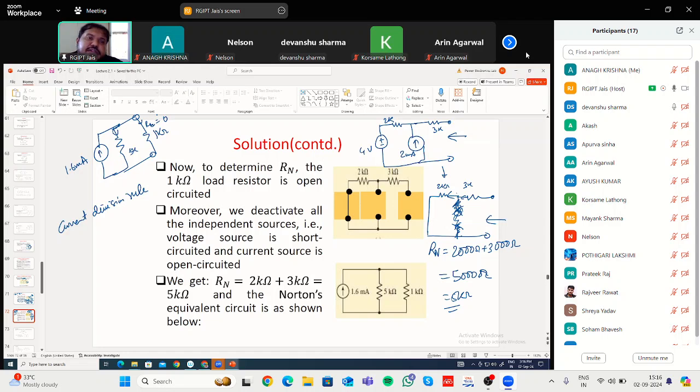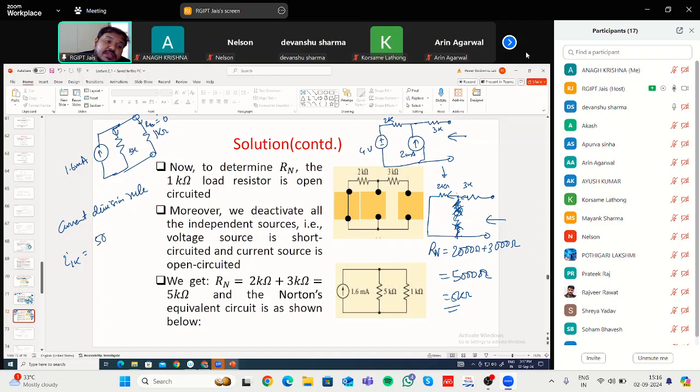That means when you are trying to find the current flowing through this 1 kilo ohm resistance, that will be equal to, in the numerator you have to write the resistance in the other parallel branch. So this is one branch, let us say. What is the resistance in the other parallel branch?